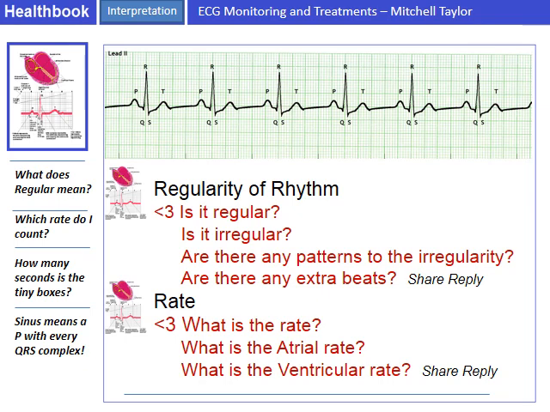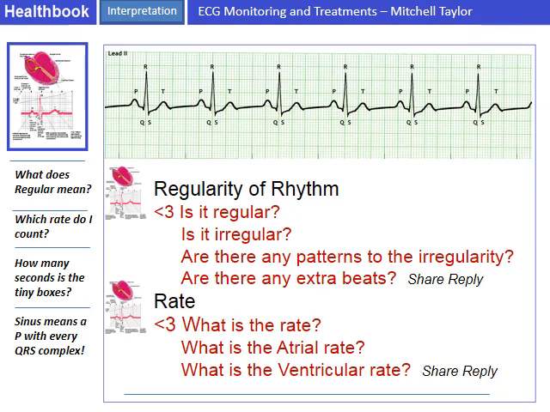Now rate, what is the rate? There are several ways to count the rate, and we'll go over each one of those. But the thing that we would look at is there's an atrial rate and the ventricular rate. Is there a P with every QRS? I look and see, yes there is, so that means it's a sinus rhythm.